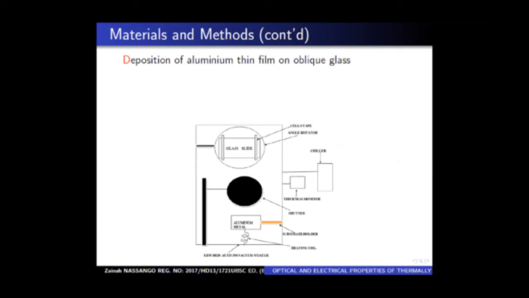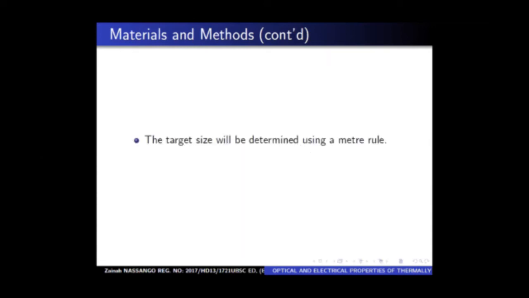Then that will be the angle rotator to enable me deposit my aluminium at different angles. Then it will be connected to a thickness monitor as well as a chiller to cool the entire machine. So the target size that I'll be depositing at a time will be determined using a meter rule.